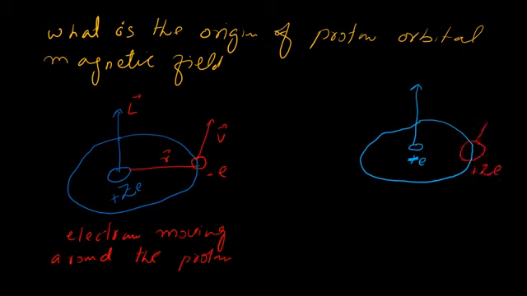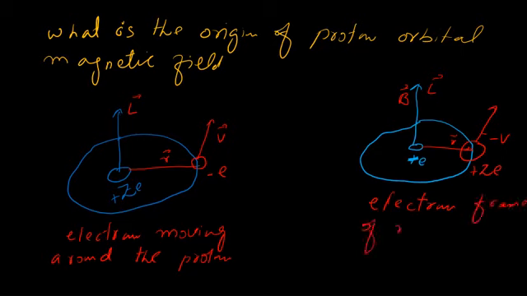Its velocity will be minus v, and this is again the radius vector, this is the angular momentum direction, and this is the magnetic field. So this figure represents the electron frame of reference.